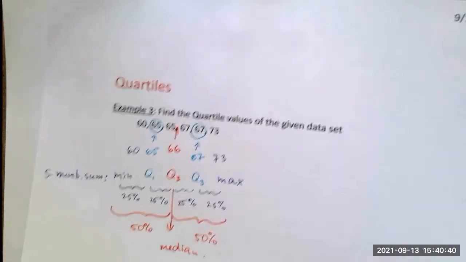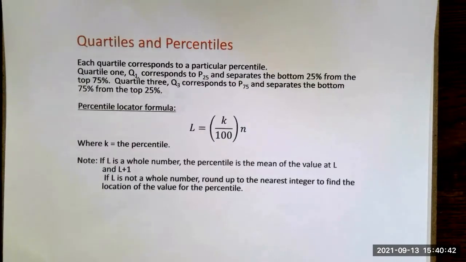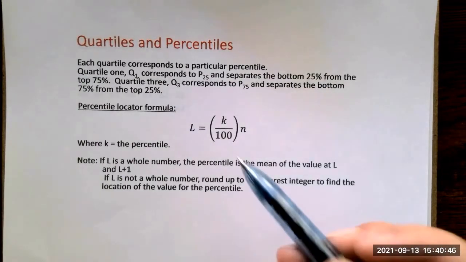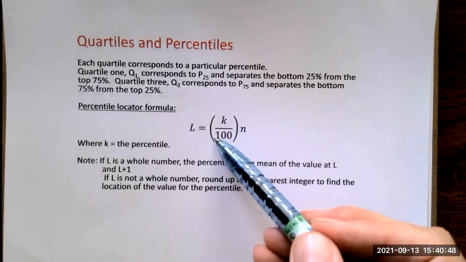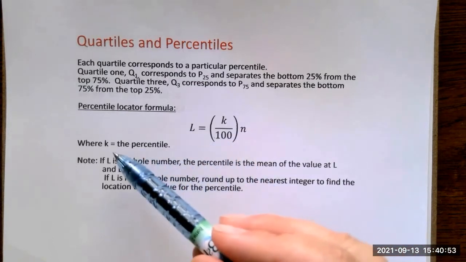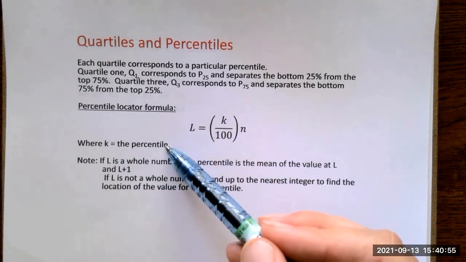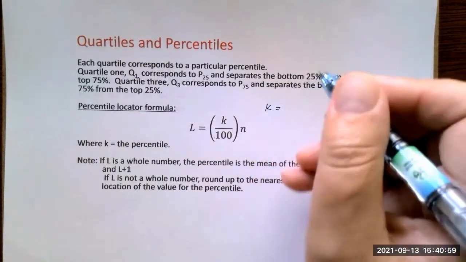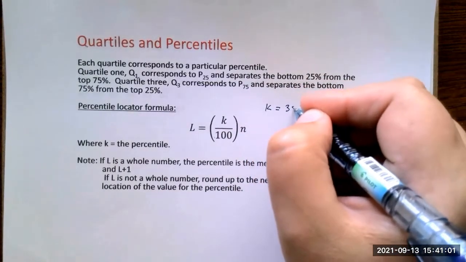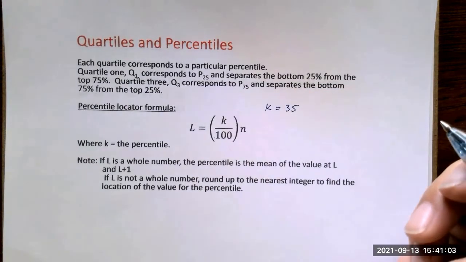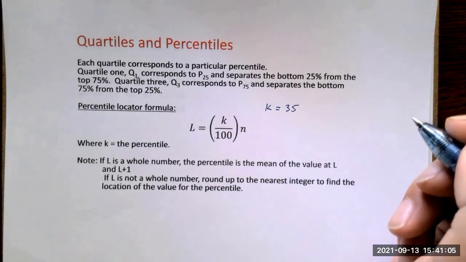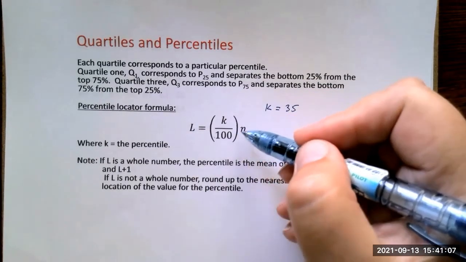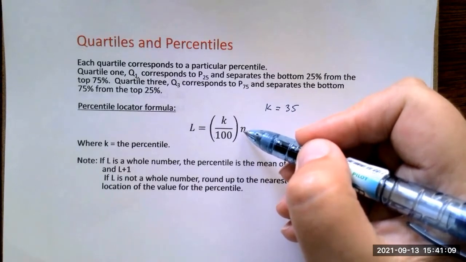And then we will locate our value. The formula allows us to locate the value. K is the percentile that we want. So in our case, K was 35, because we were looking for the 35th percentile, divided by 100%, multiplied by n.